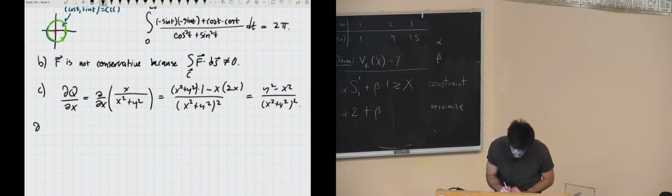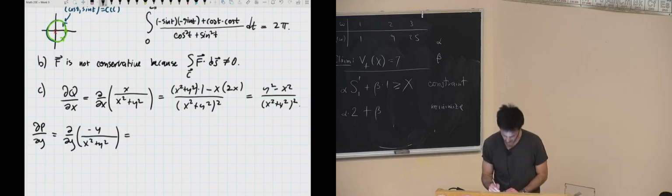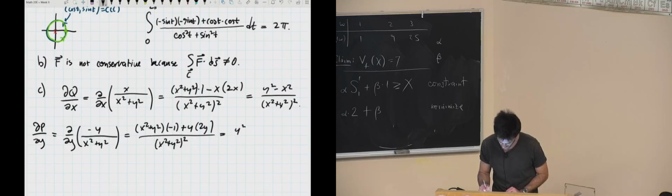On the other hand, dP/dy is d/dy of negative y over x squared plus y squared, which is low d high minus high d low over the bottom squared. Hey, that's the same thing.